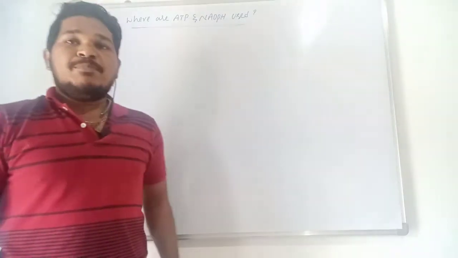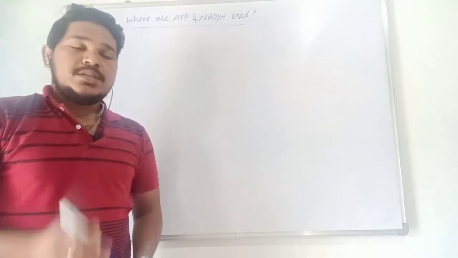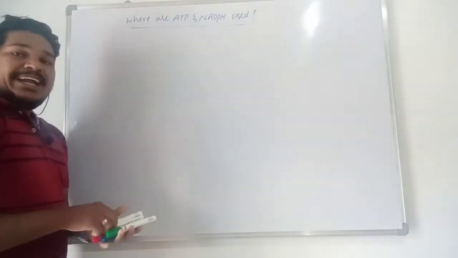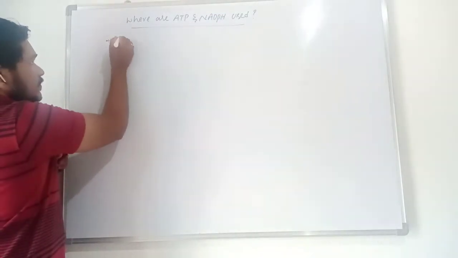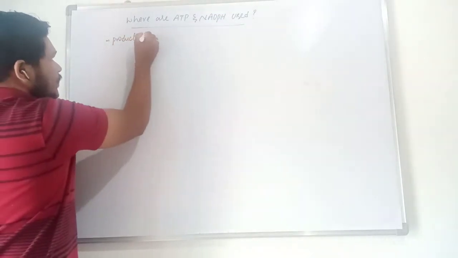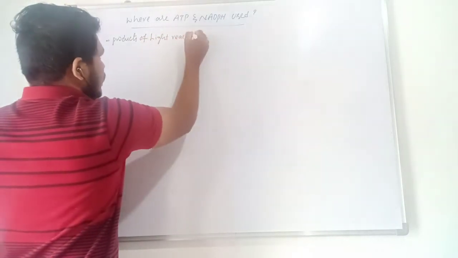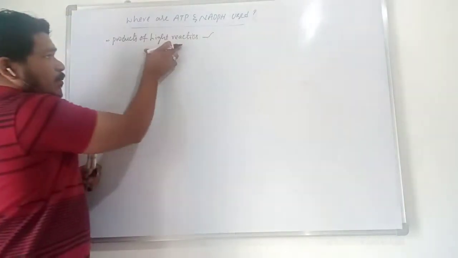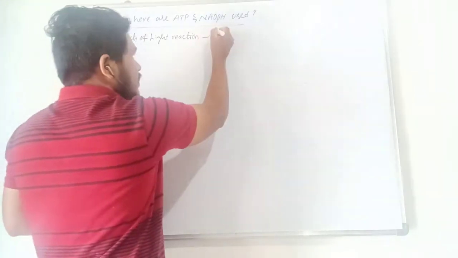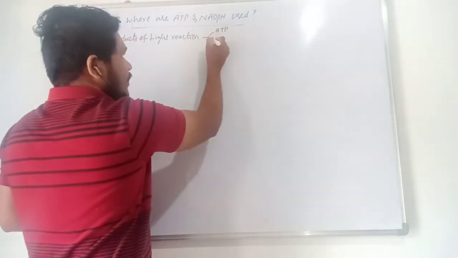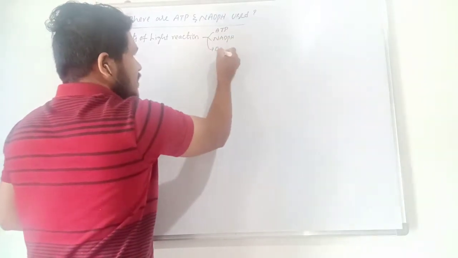Where are the ATP and NADPH molecules used? Here, the products of light reactions are ATP, NADPH and oxygen.